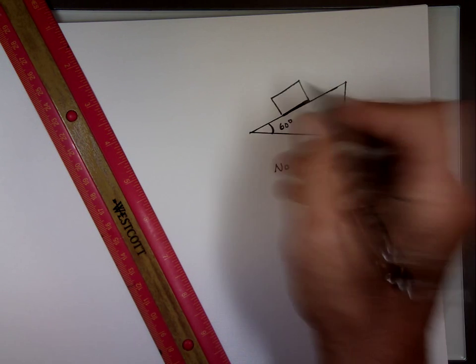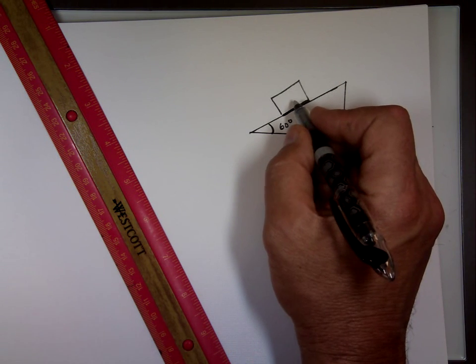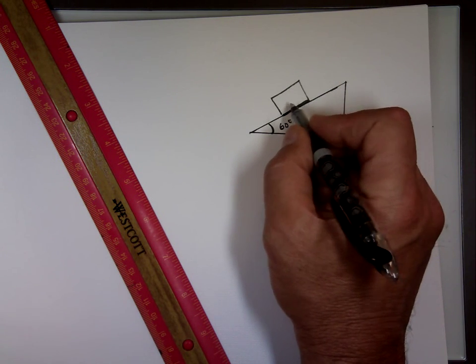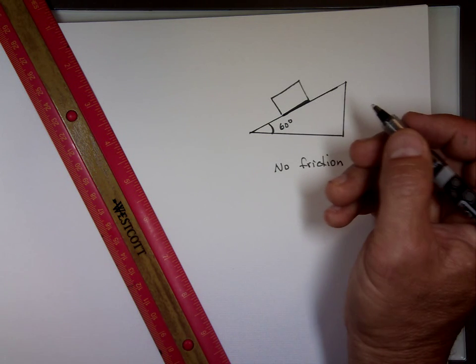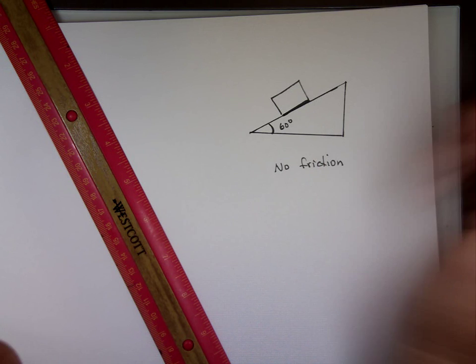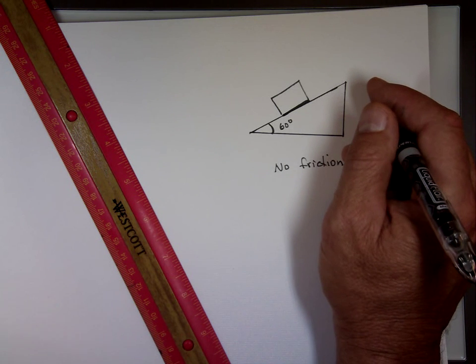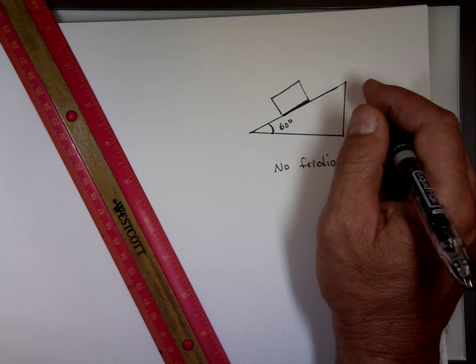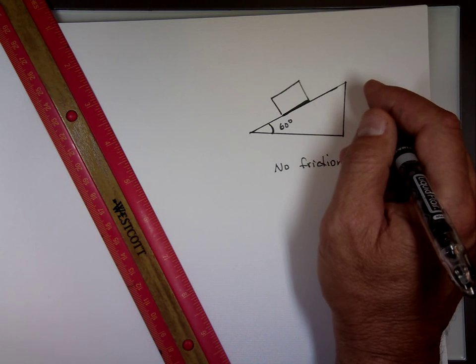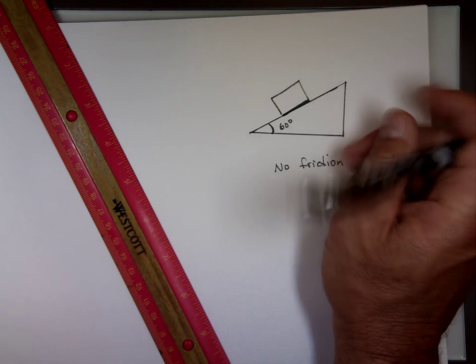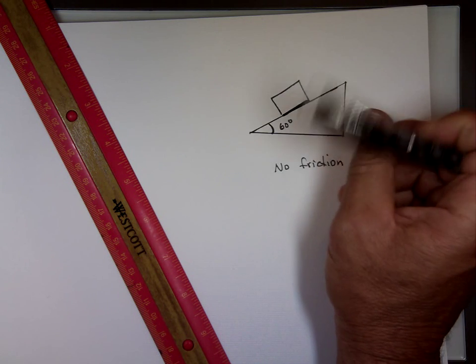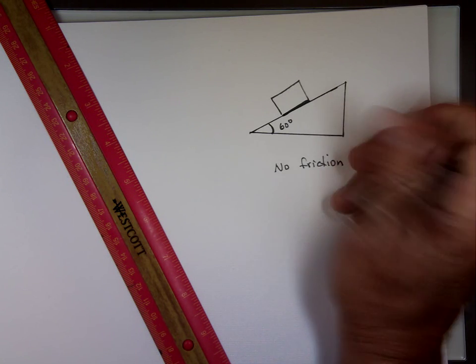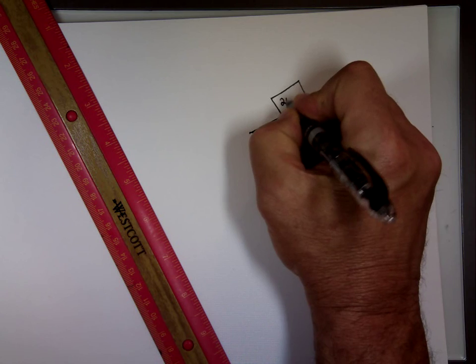Let's take a mass. How much? Pick a number. Any number you want to. Come on, somebody pick a number. What is it? 20. 20 kilogram.